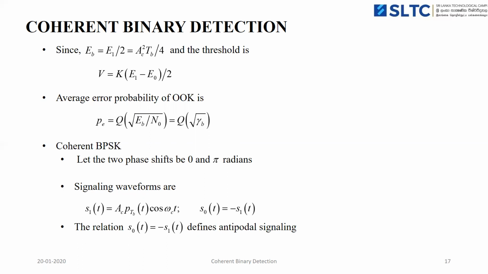The respective signaling waveforms for BPSK modulation are S1 of t and S0 of t. Here S0 of t is the negative version of S1 of t, because only the phase is changed, and the amplitude and everything else is common. So S0 of t equals minus S1 of t, and we call this antipodal signaling.